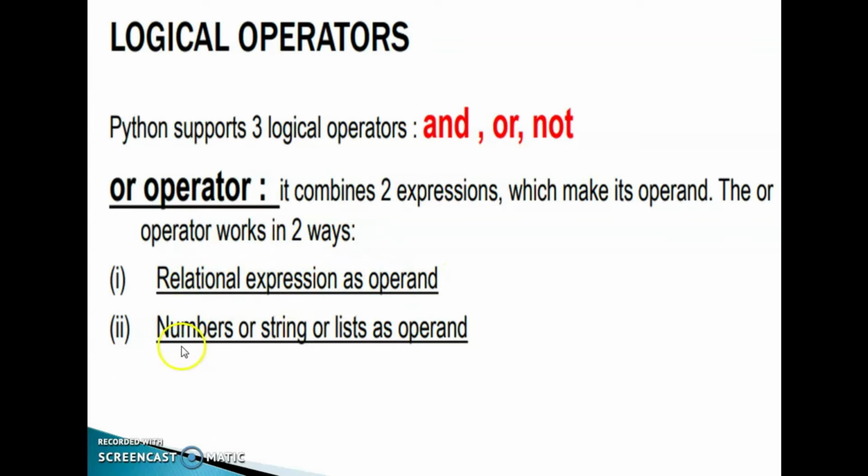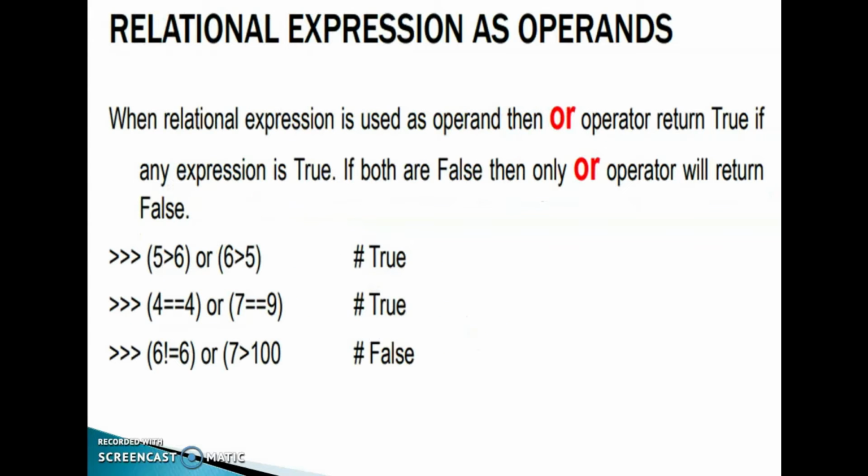Second one, numbers, strings or list as operands. When relational expressions are used as operands, the OR operator returns true if any expression is true. If both are false, then only the OR operator will return false.